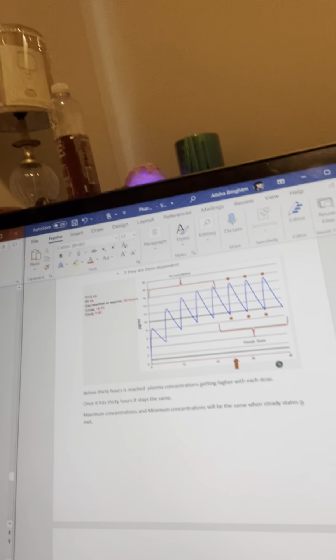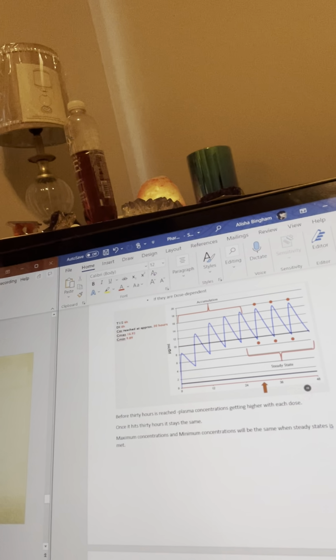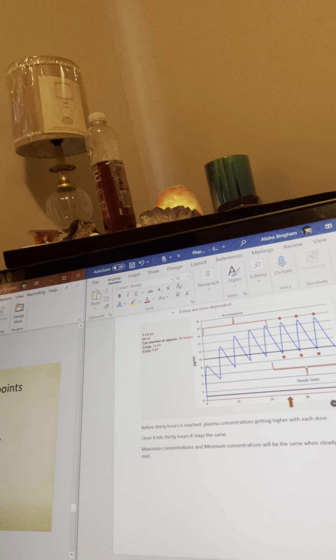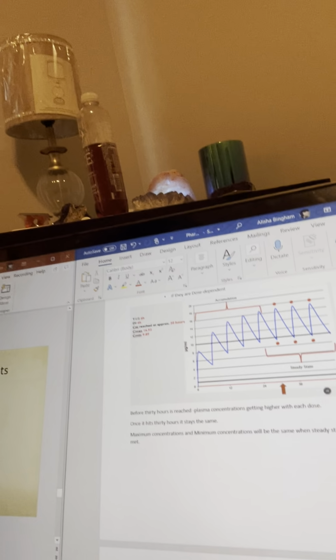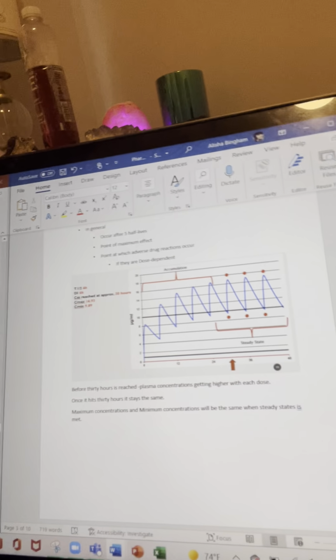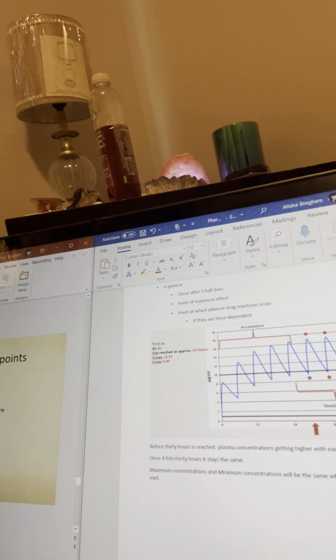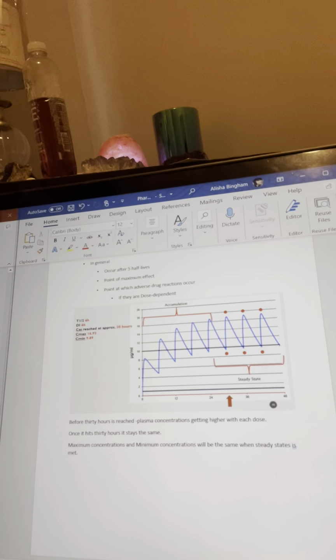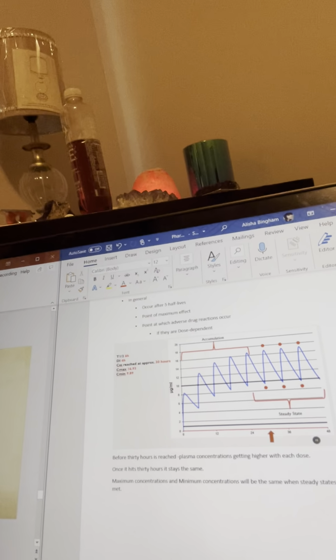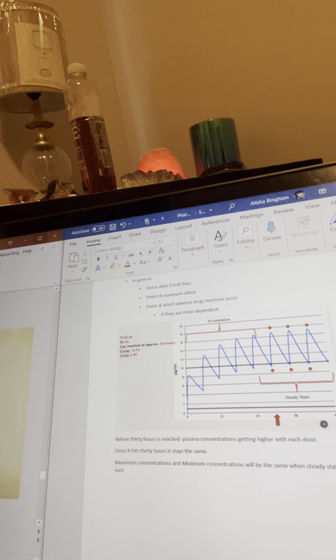So before the 30-hour mark in this, we had a half-life of 6 hours. So in order to get the steady state concentration, we multiply the half-life by 5, because 5 half-lives is where you reach the steady stable concentration.